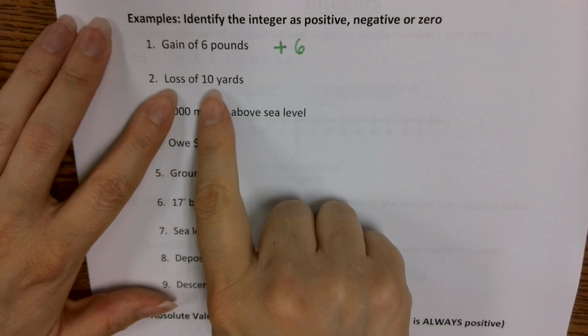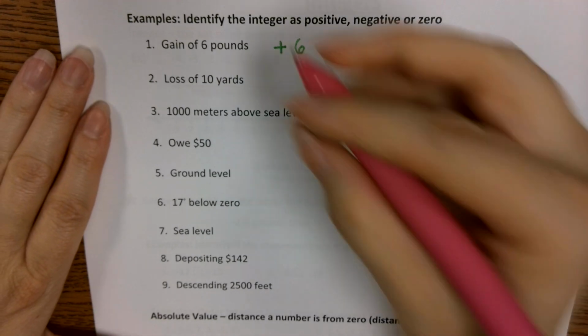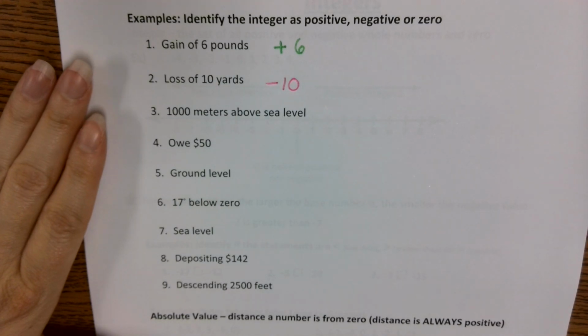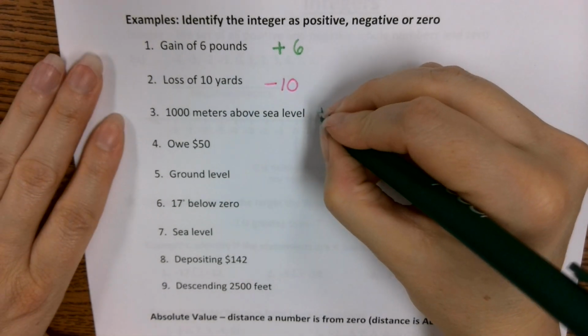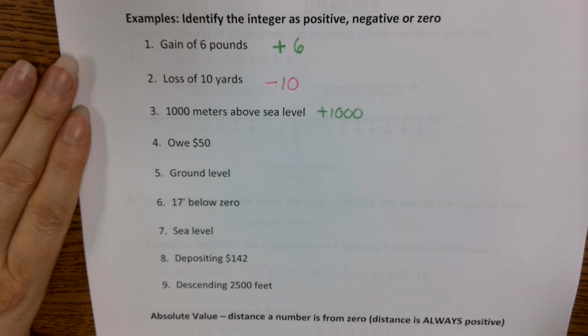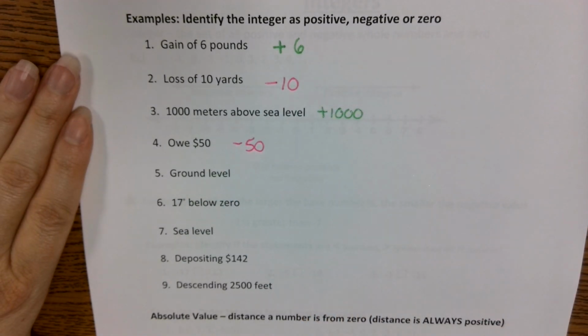Problem number 2, it's a loss of 10 yards. Is that positive, negative, or 0? Negative. So we have negative 10. What about 1,000 meters above sea level? Positive. So we have positive 1,000. You owe $50. Negative 50. Ground level? 0.